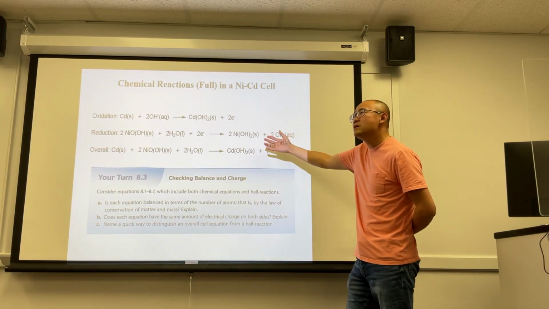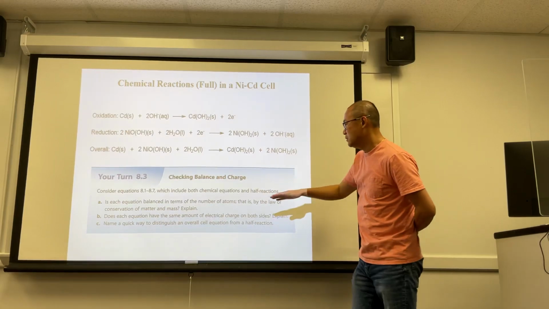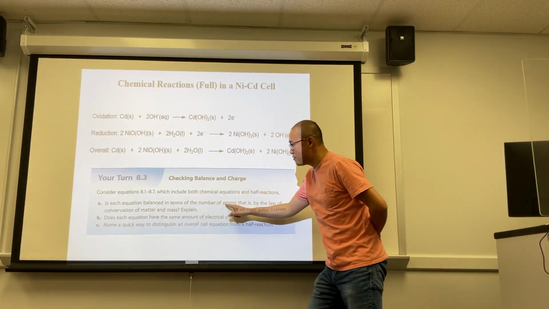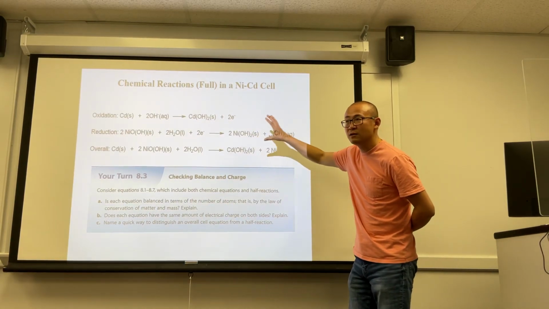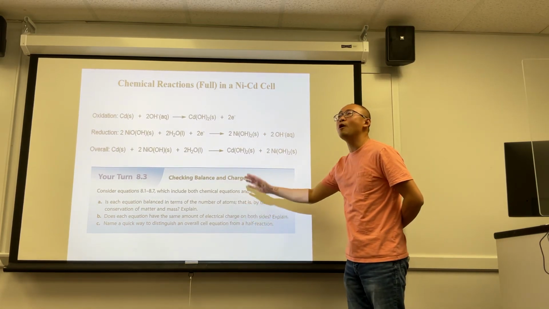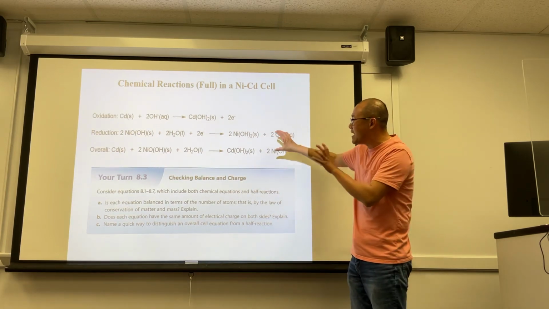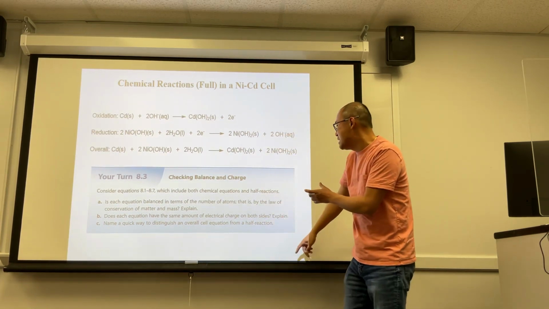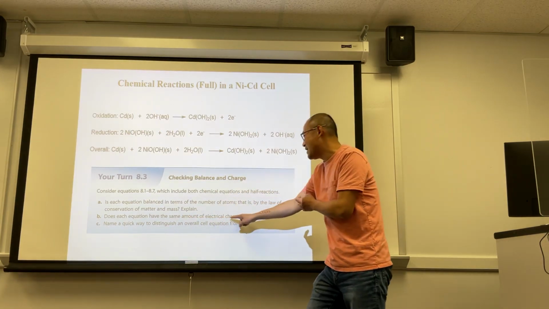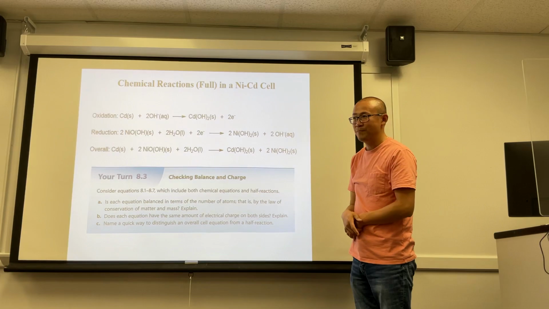Okay, so again, no matter whether for oxidation or reduction or the overall reaction, in terms of the number of atoms, they're all balanced. But what's more typical about a battery reaction is not only are they balanced by the number of atoms, they're also balanced by the electric charge on both sides.